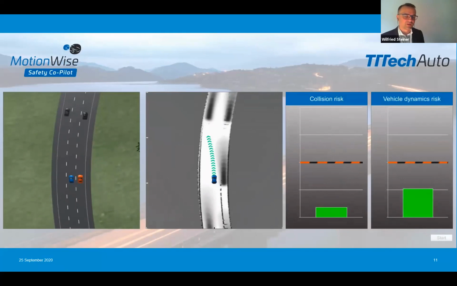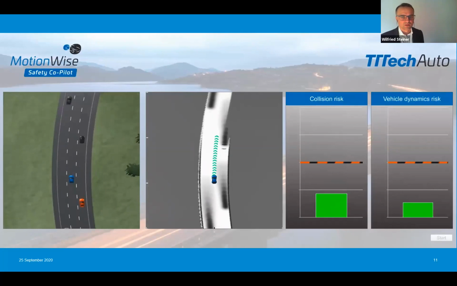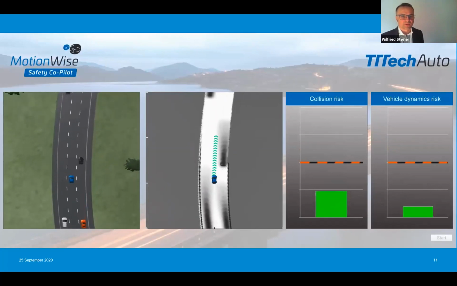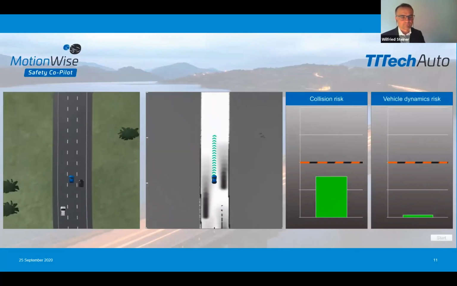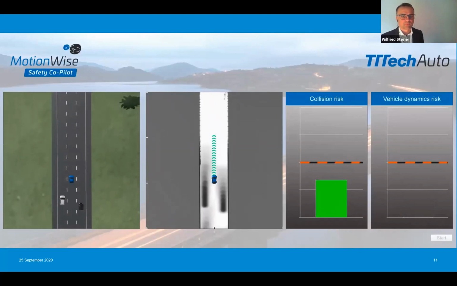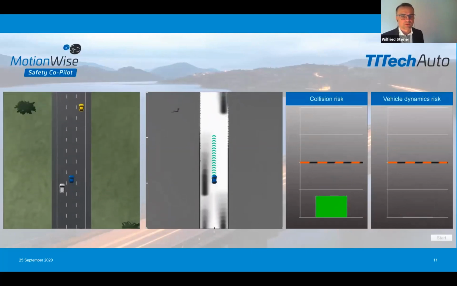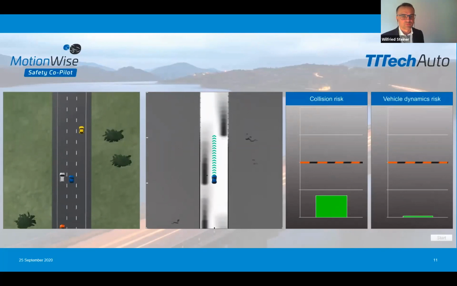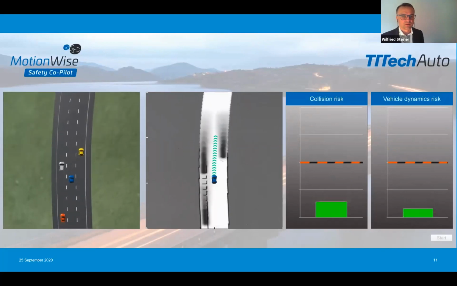So here we have an example where we again inserted a fault in the commander. It became faulty. But in this case, since there is no object on the left lane, it would actually be safe to drive along this trajectory. So just a couple more seconds. And we should be almost completed.